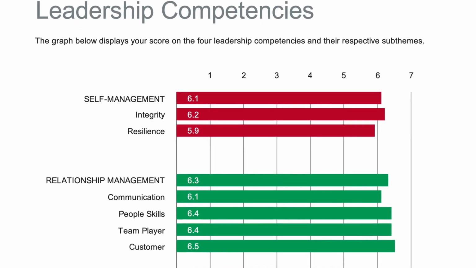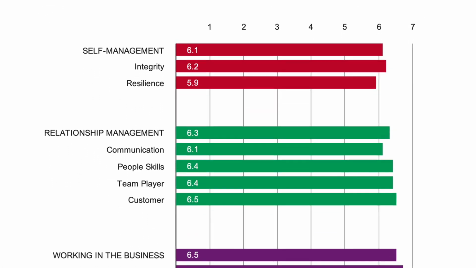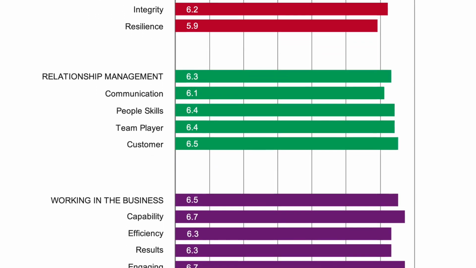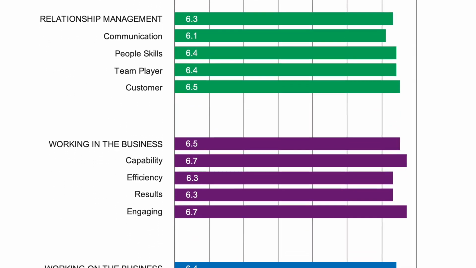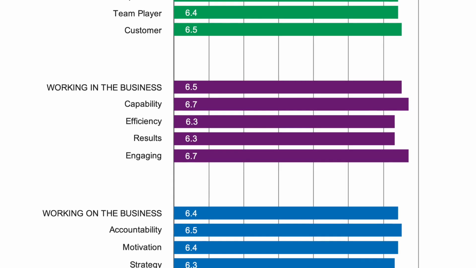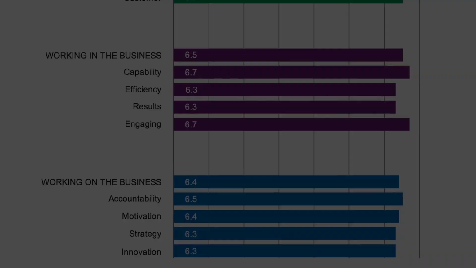So we showed you Lee, and I can show you how Maria went, and Maria's done very well. There's a lot of items here that were higher than 6. So she's got a lot of strengths. In fact, there was only 1 item that was below 6, which is quite outstanding, and it was resilience. So that's that little bit of aggression that she might be bringing to work.